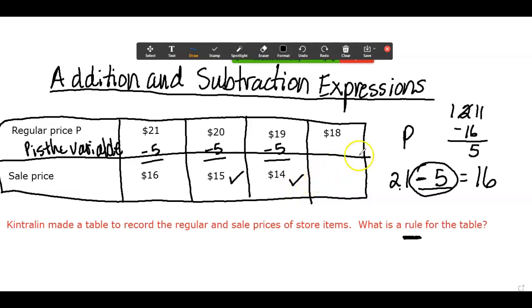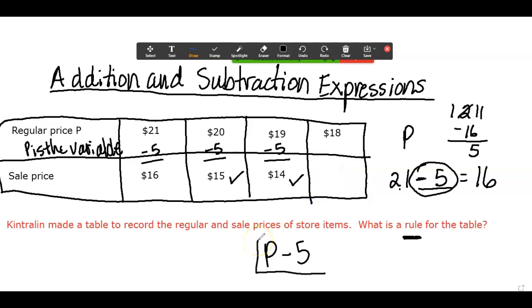So I'm saying that P, regular price right here, P is my variable, P minus 5 is my rule for this table. Because any number that I put in this first row, if I subtract 5, I get the second row.